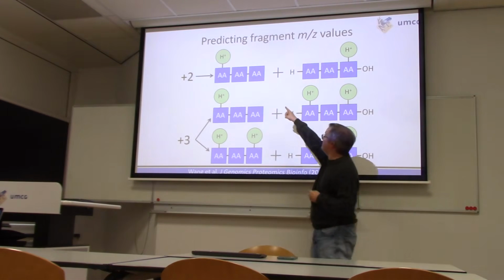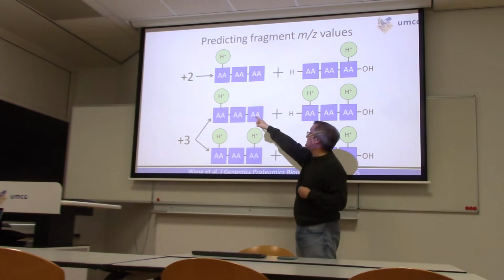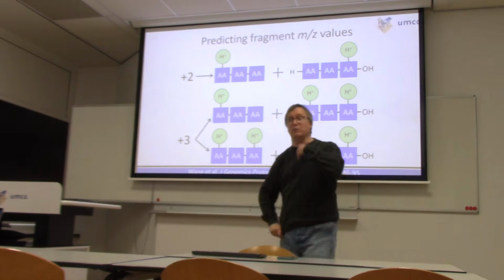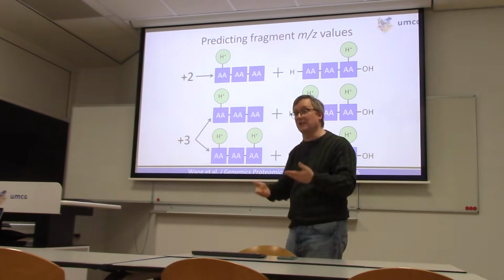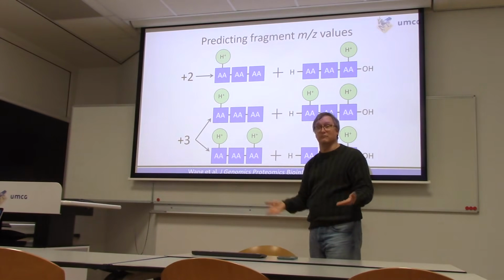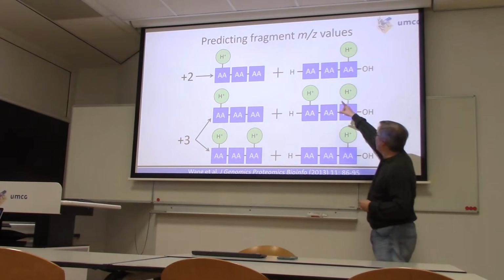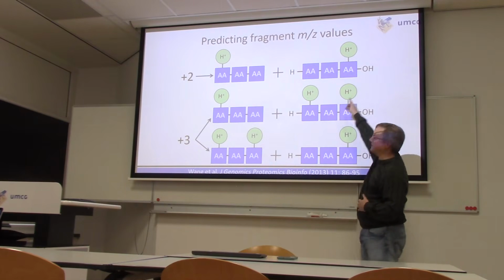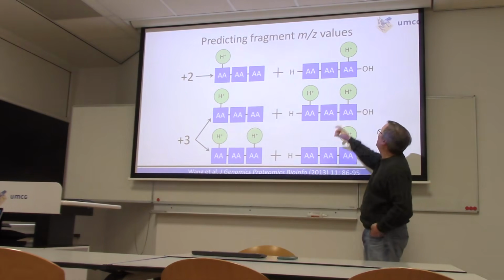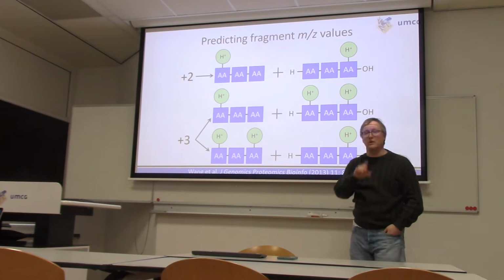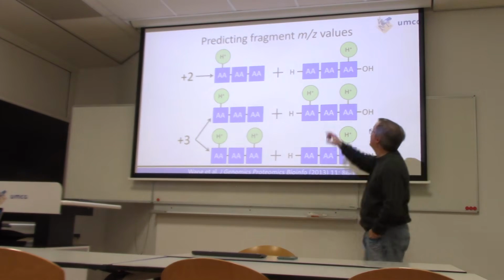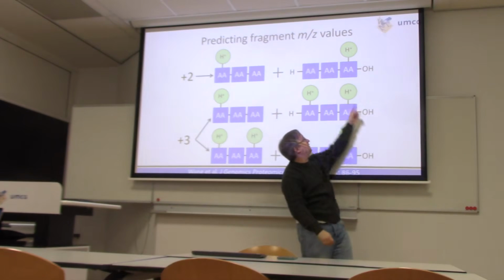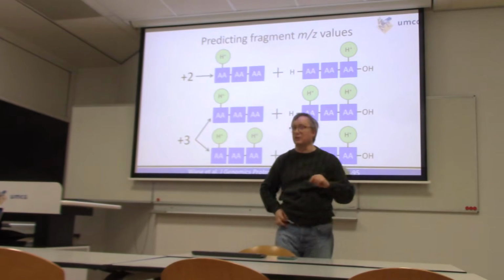So, in the case of the B ion, we just sum together those residue masses, add the proton mass that's ionizing it, and then we know the mass of the thing. For the C-terminal or Y ion, we have 3 amino acids. We have to add their masses together. We have the proton riding on board, but there's something else going on here. You see there's an H added to the N-terminus of the Y ion and an OH added to the C-terminus.